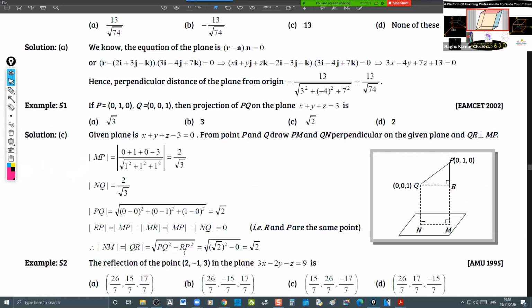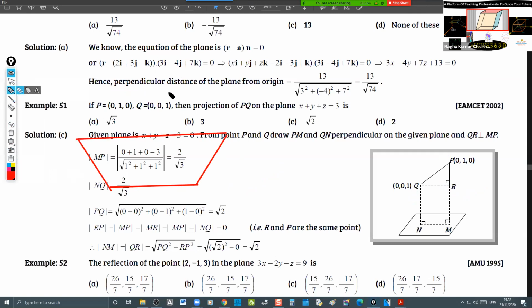How to do that? This is a reflection of the point 2 minus 1 3 in the plane. What I am trying to explain you here, just follow this carefully. If you take any plane, this is the plane.